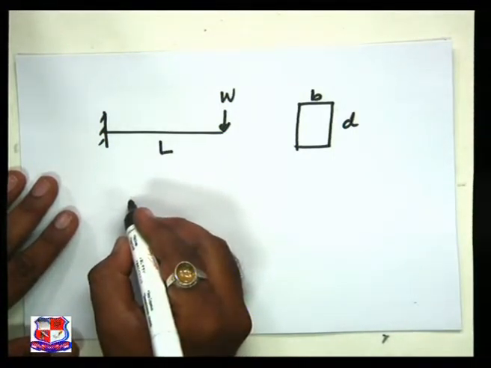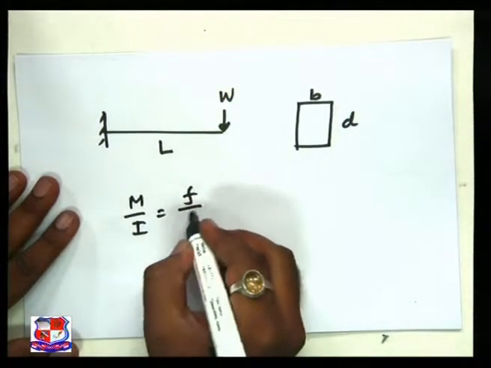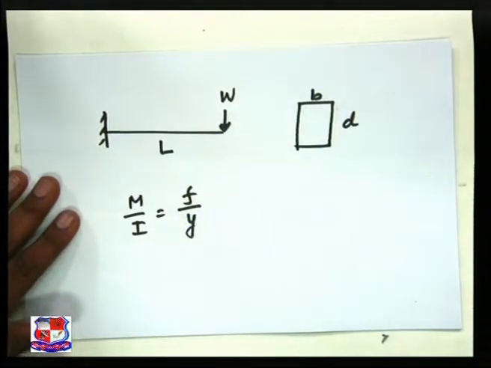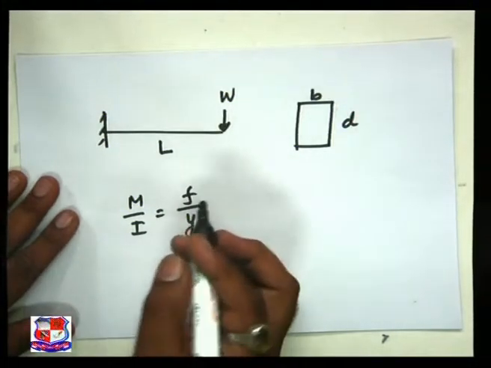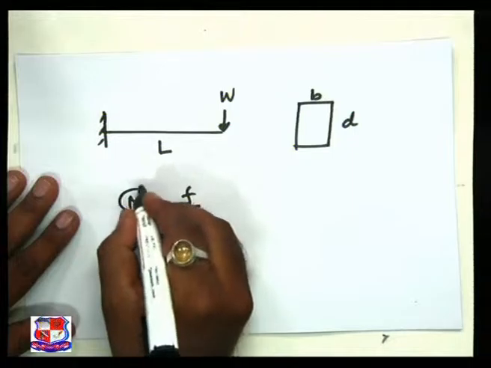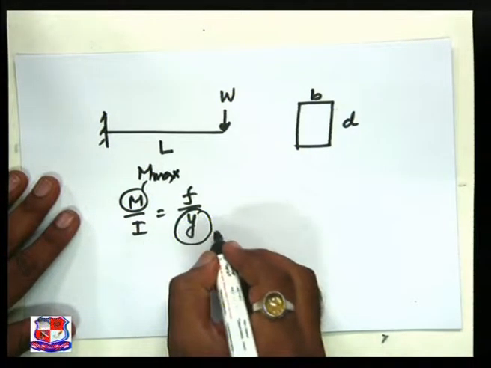We know the formula M over I is equal to F over Y. The stress at failure is applicable when M is M max and Y is Y max.